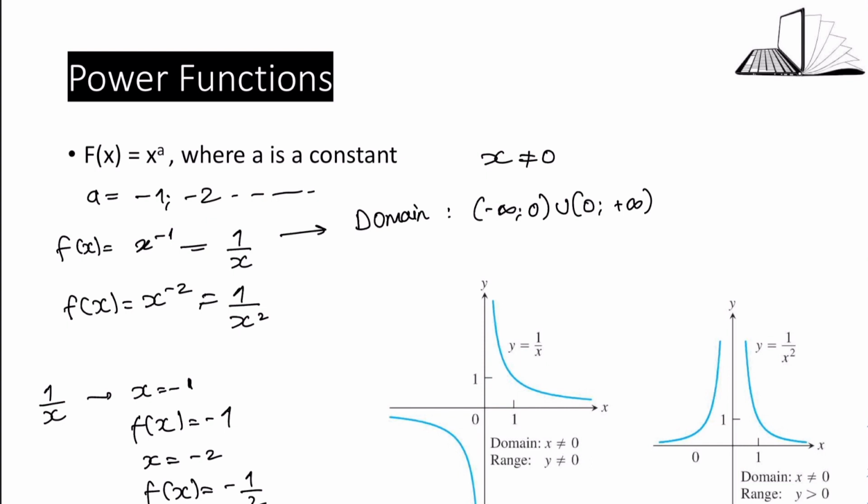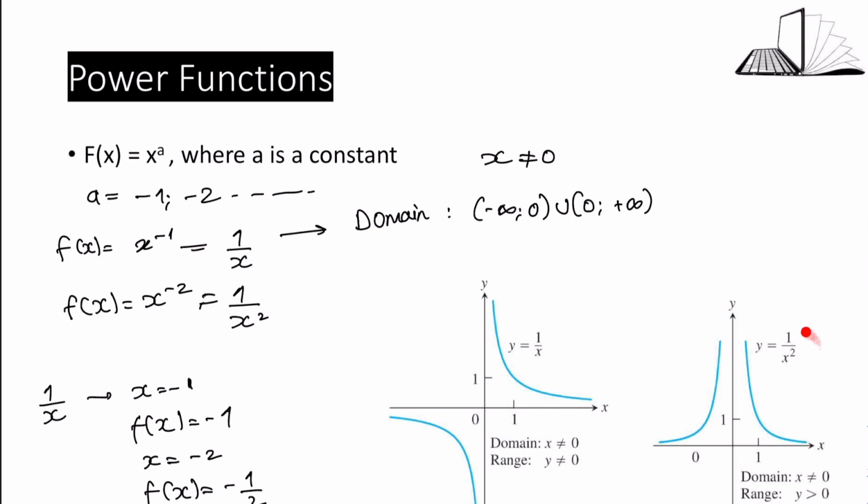So as you can see, as x increases in the negative sense, y decreases also in the negative sense. So it's somehow the symmetry of this curve. If you plot it, it's the symmetry of this curve.